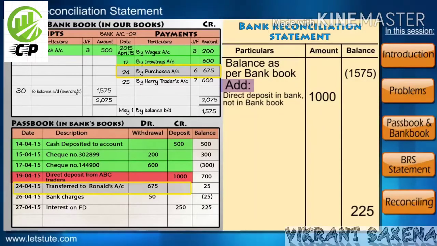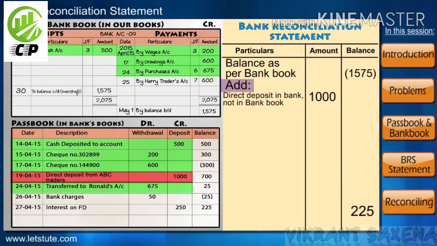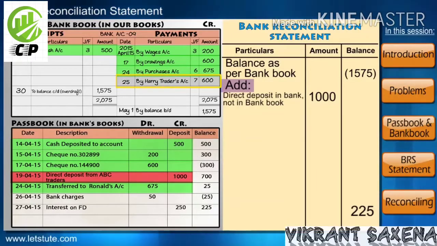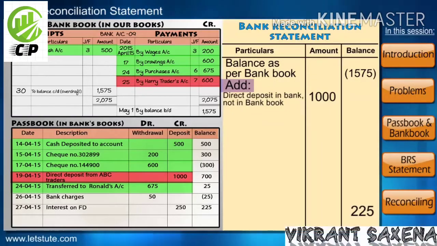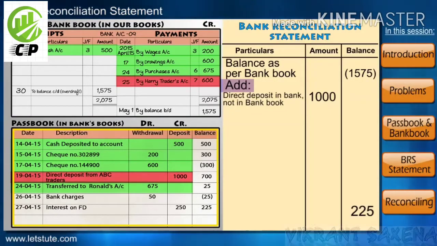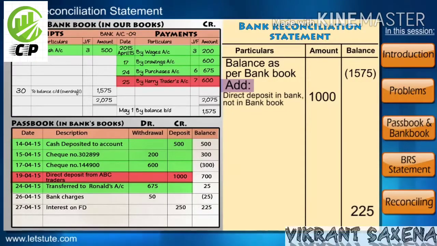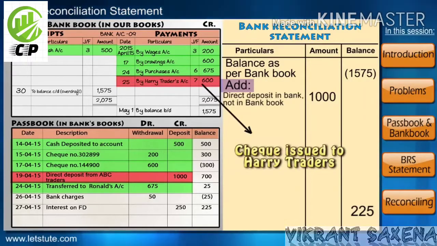On the 24th, there is again withdrawal of 675 to pay for purchases. This is again same in both the books. On 25th, payment is made to supplier Harry Traders by check, but this is not there anywhere on our passbook. So what could this mean? This means a check was issued to Harry Traders by us. That's why it's there in our bank book.